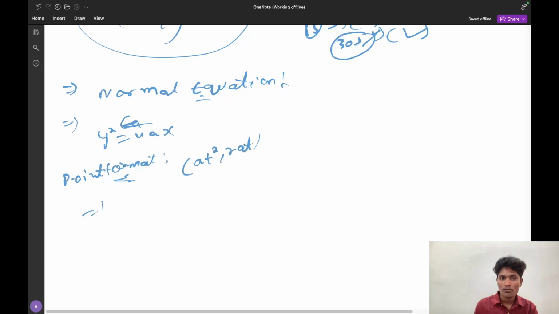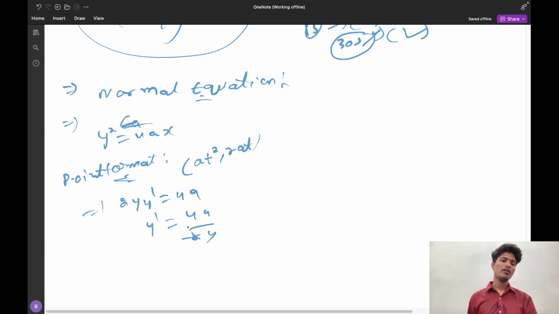The point here we are discussing is at square comma 2at. I differentiate this one in order to get the slope of the normal, which is the negative reciprocal of the slope of the tangent. So if you observe very carefully, 2y y dash is equal to 4a, y dash is equal to 4a by 2y, the 2 will get cancelled, that is equal to 2a by y. And when I substitute y as 2at, I will get y dash is equal to 1 by t.